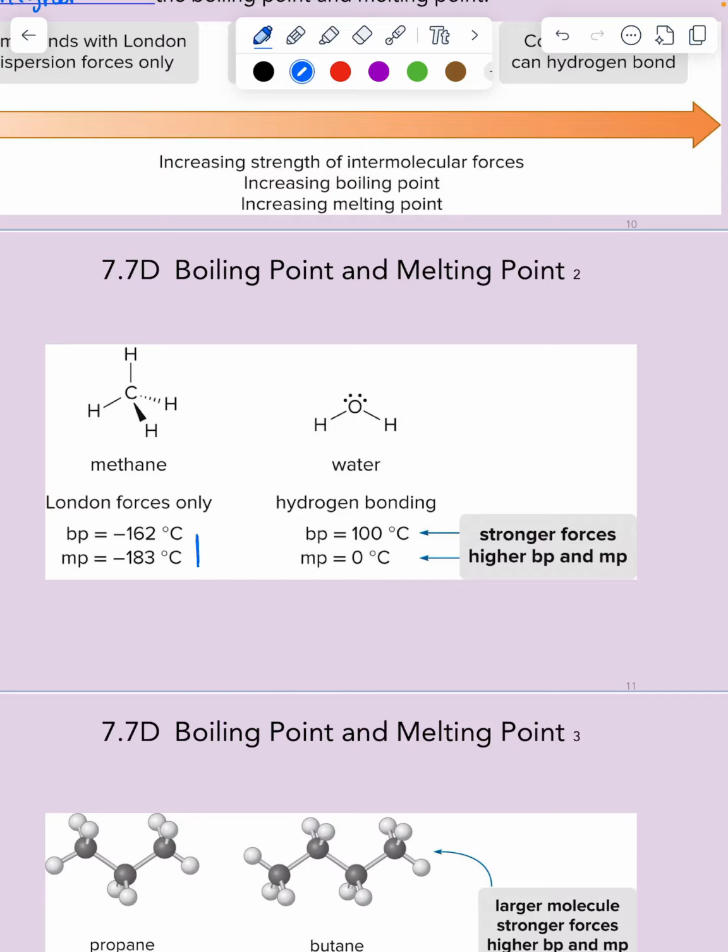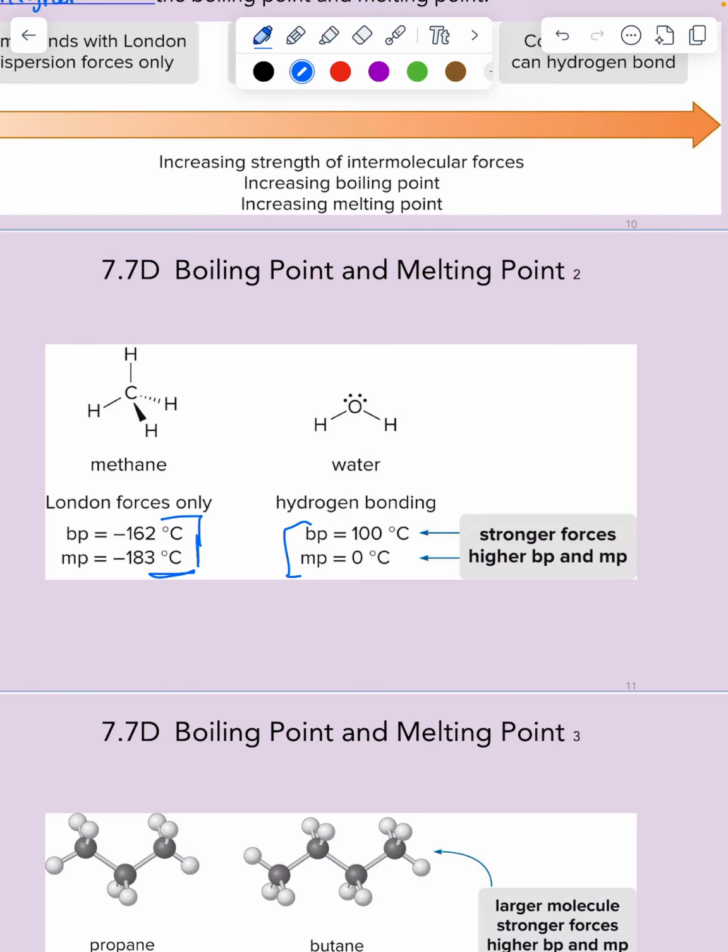On the other hand, we have water, which is a polar molecule, and also has a hydrogen bonded to an oxygen. So there are hydrogen bond attractions between water molecules, and we can compare the boiling and melting point and see that they are much higher than that of methane, and that is because the attraction between the molecules is very strong compared to the other.